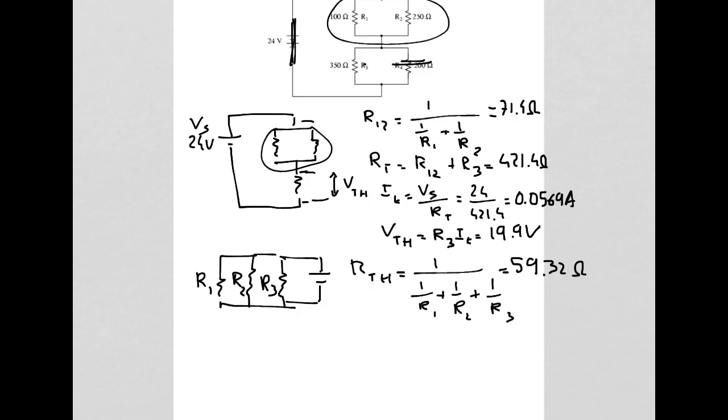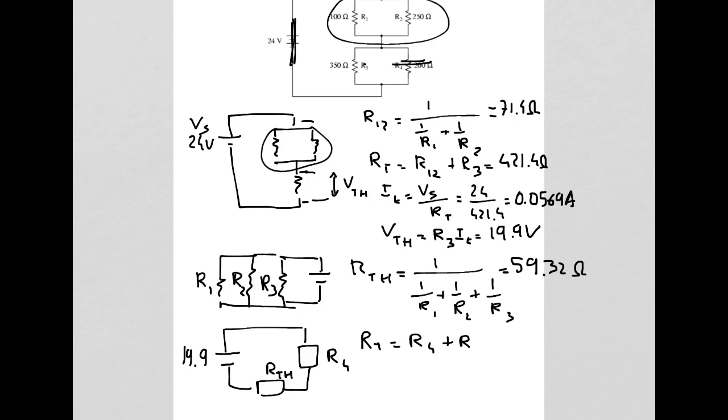Now that's the second part. So now that I have VTH and RTH, that's always the same circuit. So now be careful, you need to put a VTH, so 19.9. You put your R4 back in, and you put your RTH here. So RT this time is R4 plus RTH.